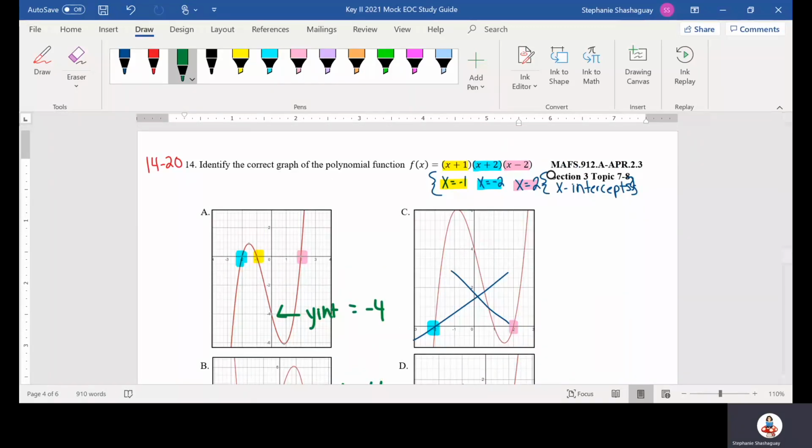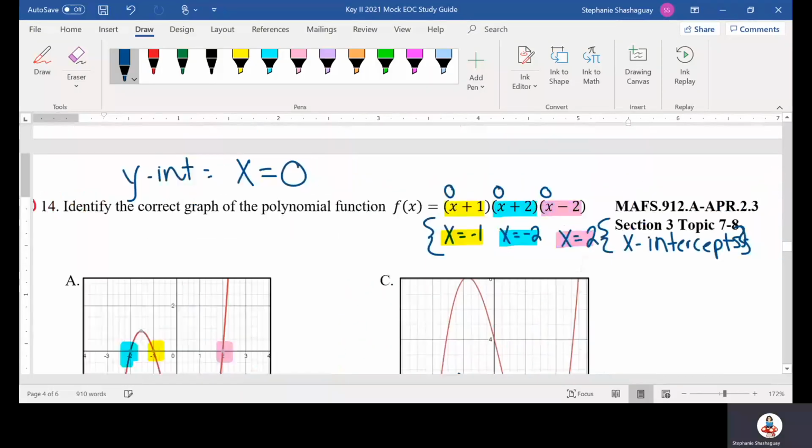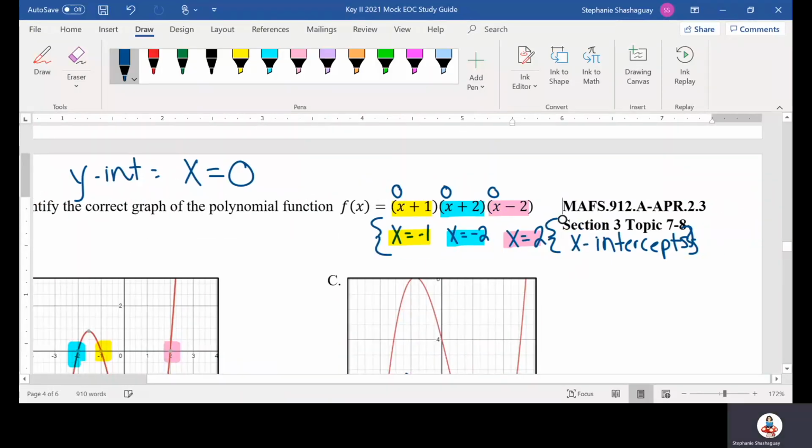Remember that to find your y-intercept, that's when your x is equal to 0. So all I have to do is plug in 0 every time I have an x in this function and find what my y-intercept is.